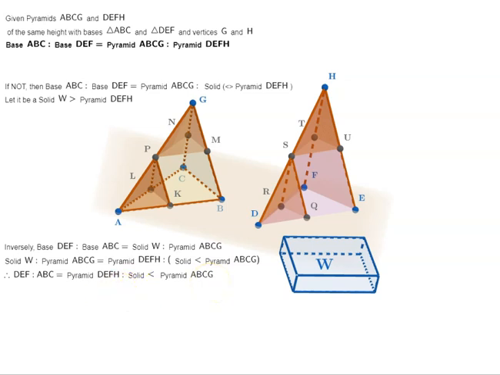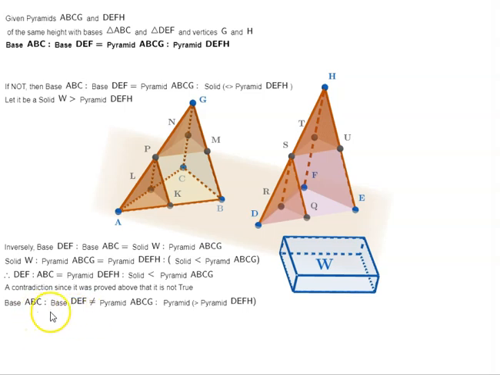That means we have reached a contradiction, since it was proved in the previous case that this statement is not true. So therefore, base ABC is to base DEF is not equal to pyramid ABCG is to a pyramid greater than pyramid DEFH. So it was proved that it is not less, and now it is proved that it is not greater. So that means base ABC is to base DEF as pyramid ABCG is to pyramid DEFH.